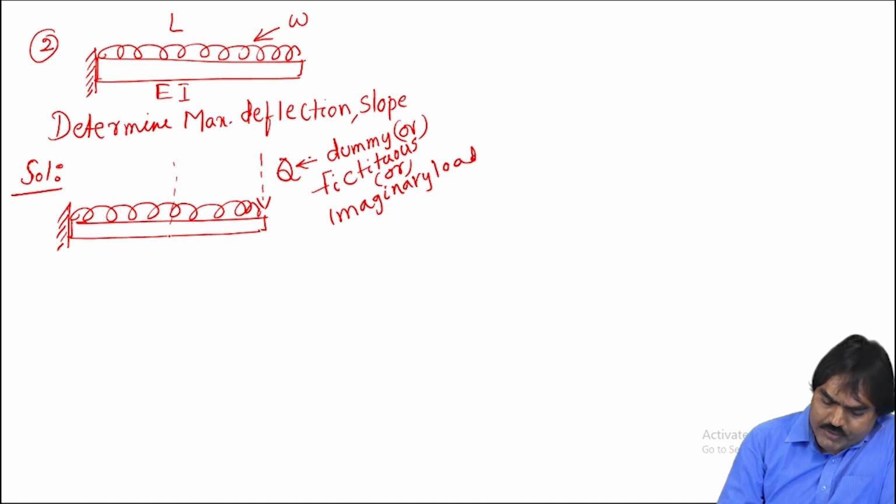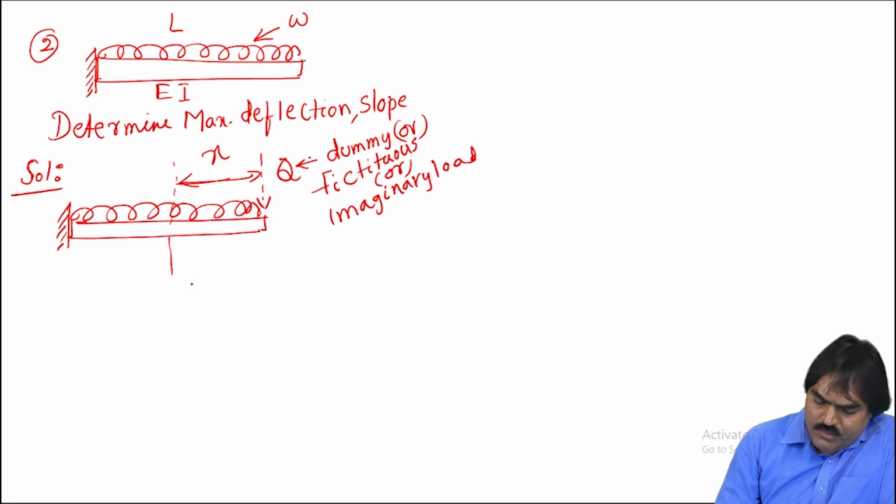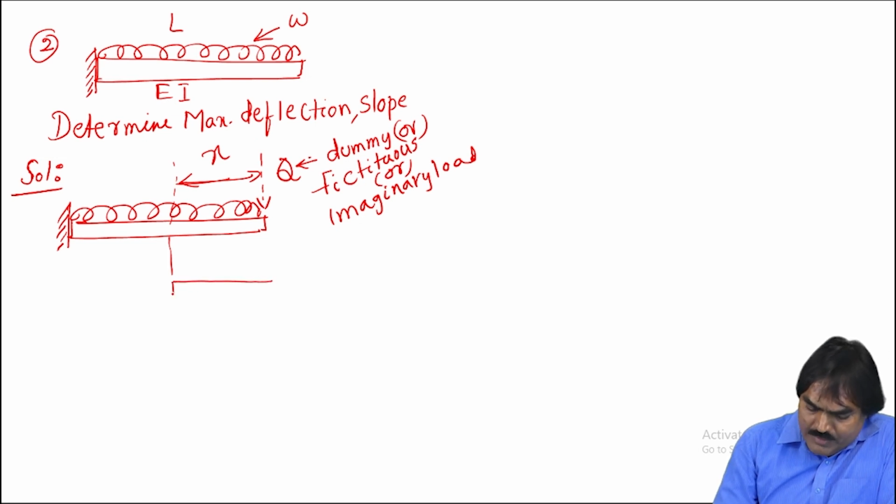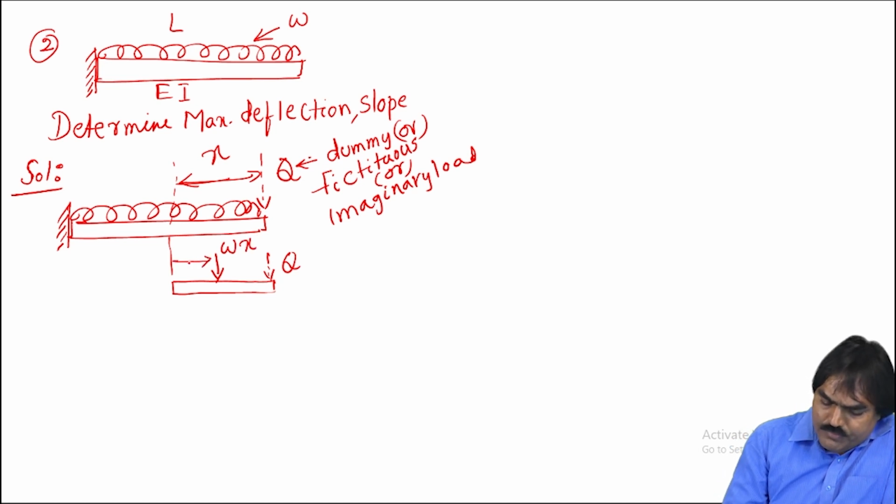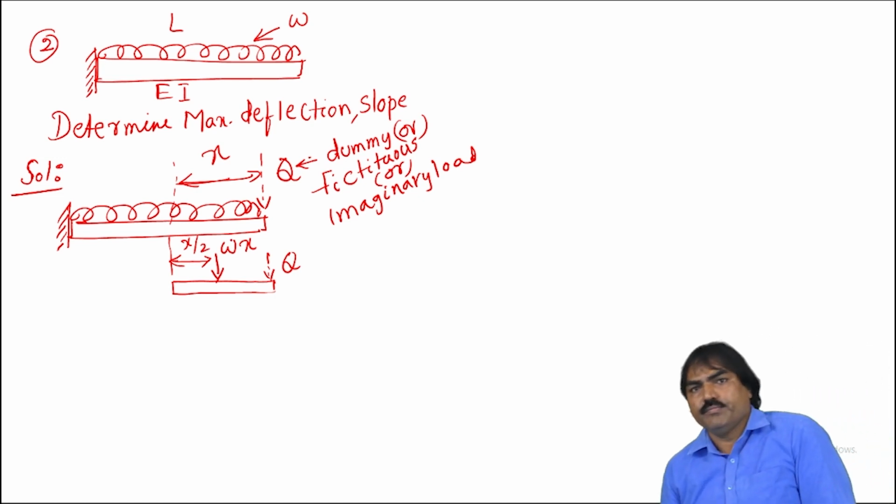So first you take a section here at a distance x, so that this is the element, and the load here is Q. This W into x will act at the center of the element, that is Wx, at a distance x by 2.